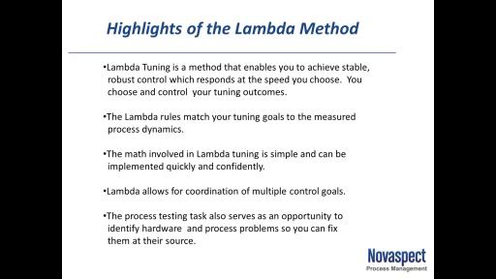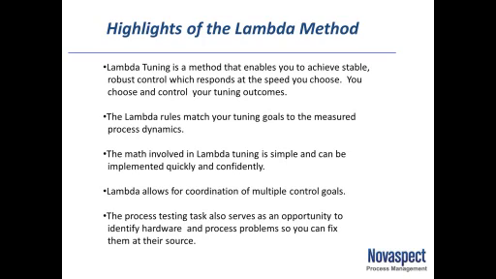This slide here, the highlights from session 1, really is the summary slide from session 1. We presented the Lambda method as a tool that enables us to achieve stable, robust control, which responds at a speed we get to choose. You choose and control your tuning outcomes.